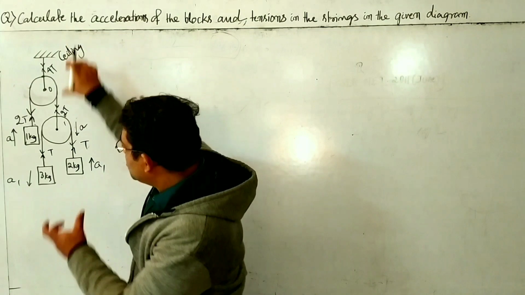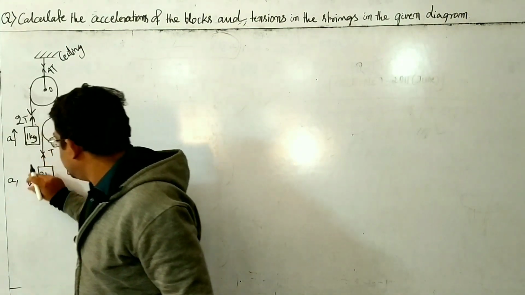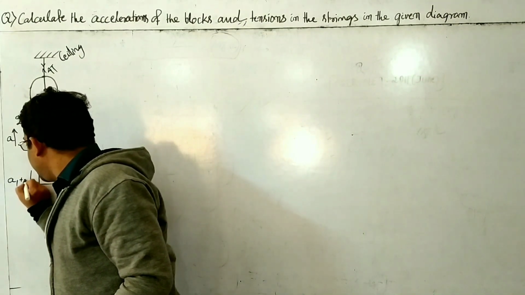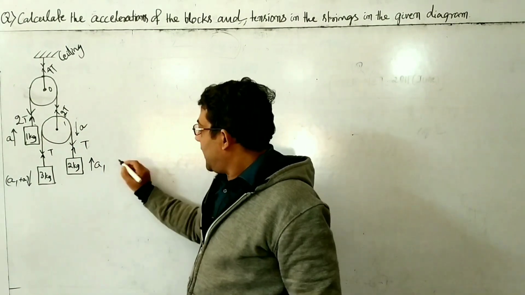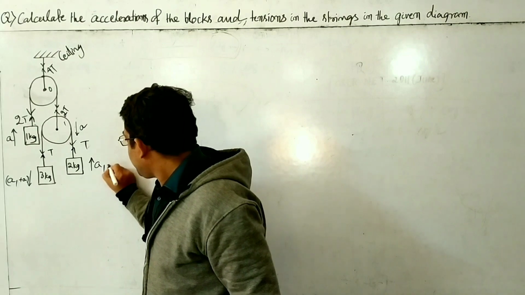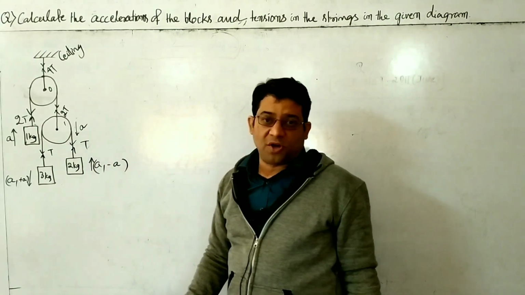However, this pulley also is moving down with acceleration A. So the resultant acceleration is A1 plus A for the 3 kg block. Similarly, the 2 kg block is going up relative to the pulley but the pulley acceleration is downward, so A1 minus A will be the acceleration of the 2 kg block.